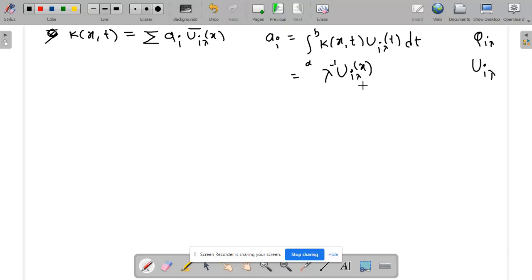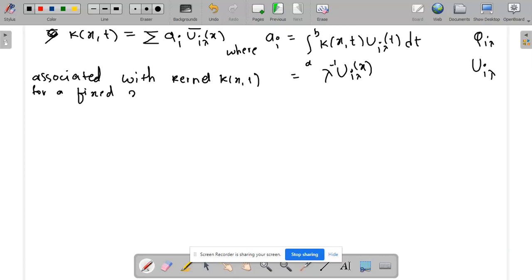Where ai is equal to this, associated with the kernel k(x,t) for a fixed x.